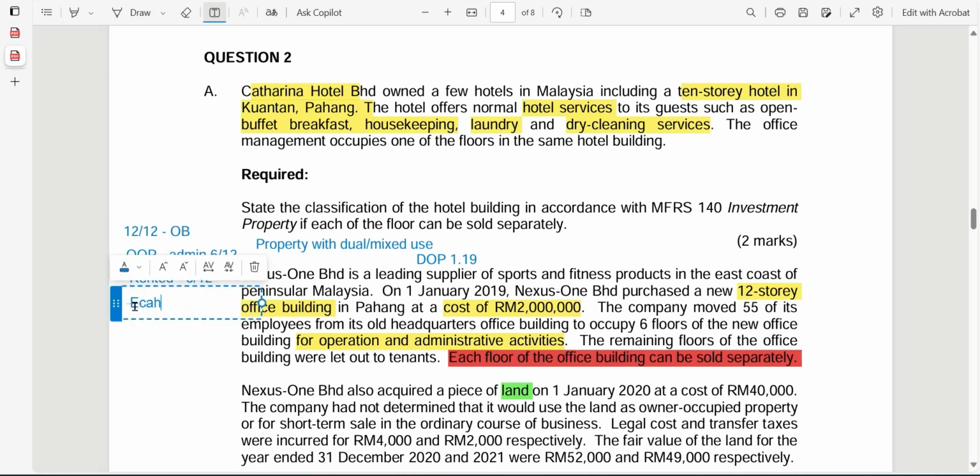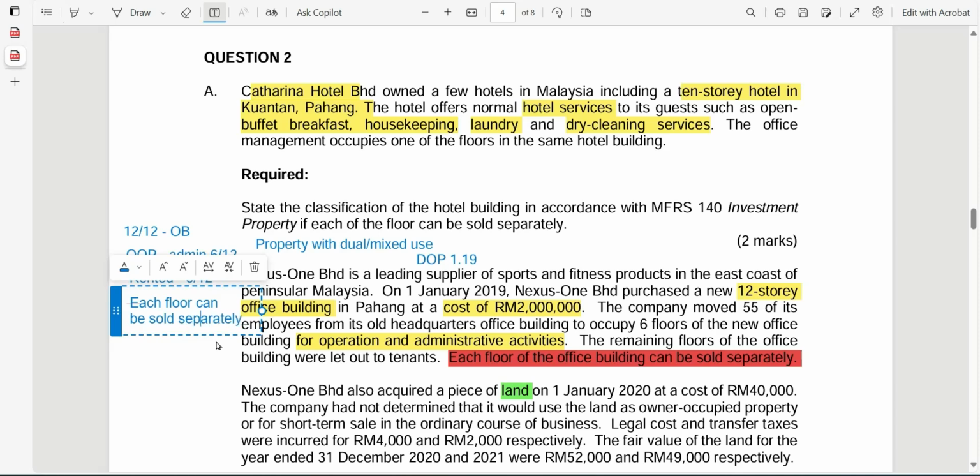So under MFRS 140, each floor can be sold separately.